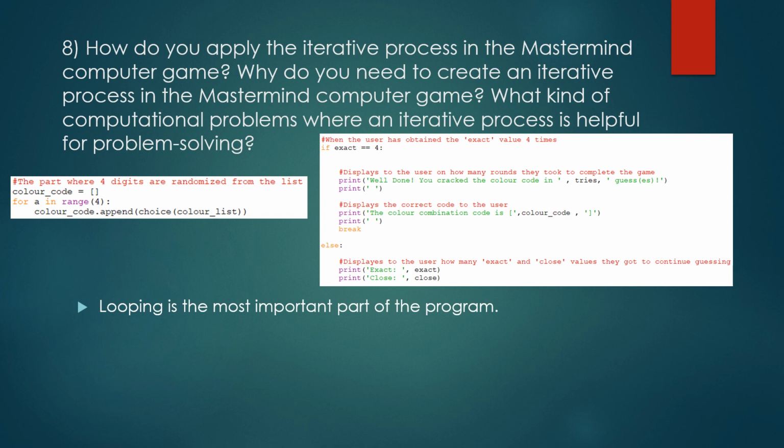And finally, what kind of computational problems where an iterative process is helpful for problem solving? The looping helped, as I already explained, to reduce the amount of code that needs to be typed repetitively.